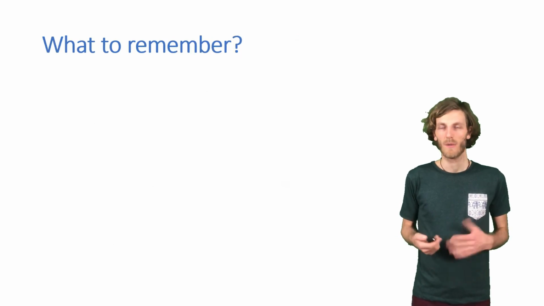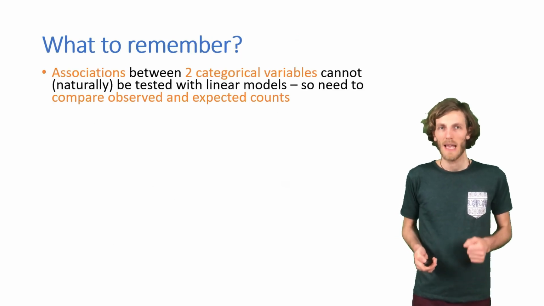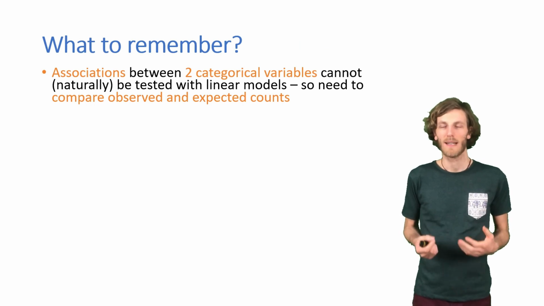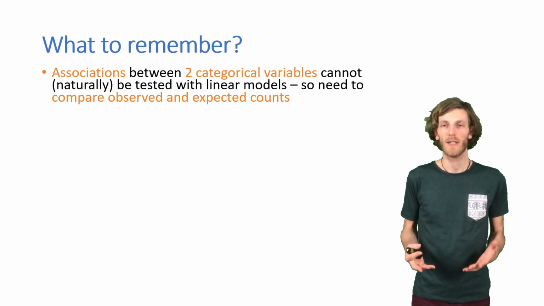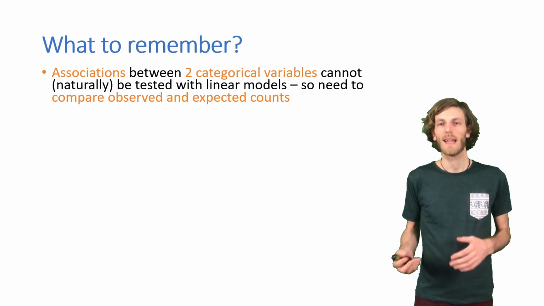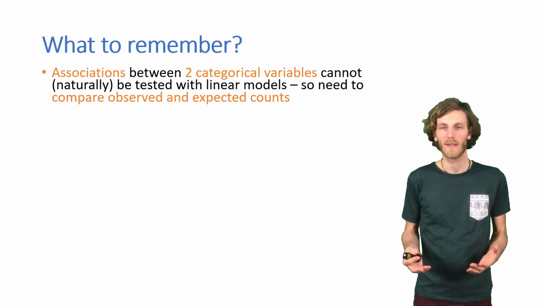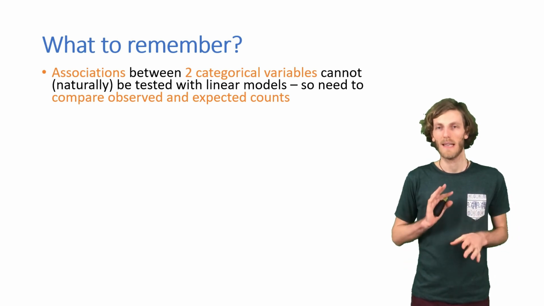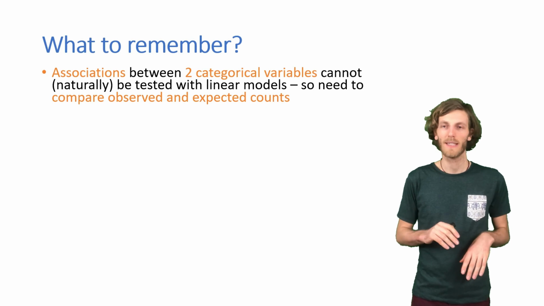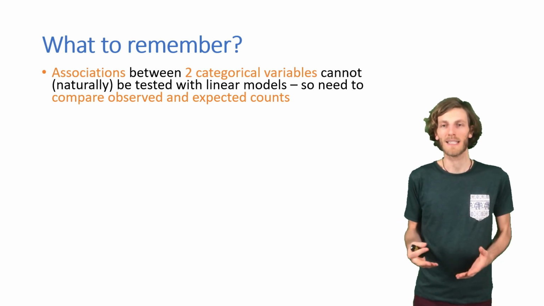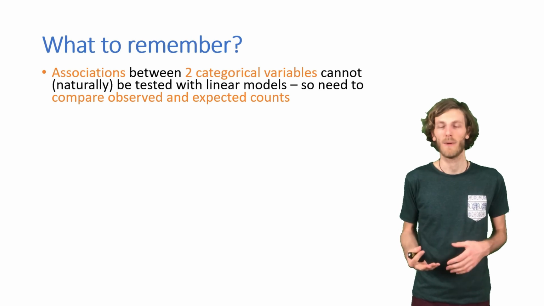Okay, so what to remember from this video? Firstly, the key point: the associations between two categorical variables need a different test than all the linear models we looked at so far. If you're curious, I'll post the link below the video where you can find an explanation for how chi-square tests are actually just very special cases of linear models.